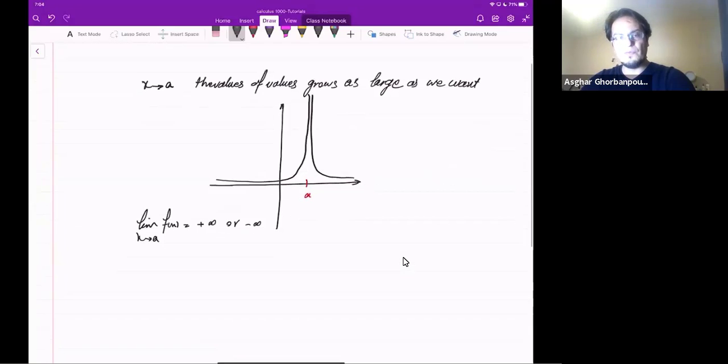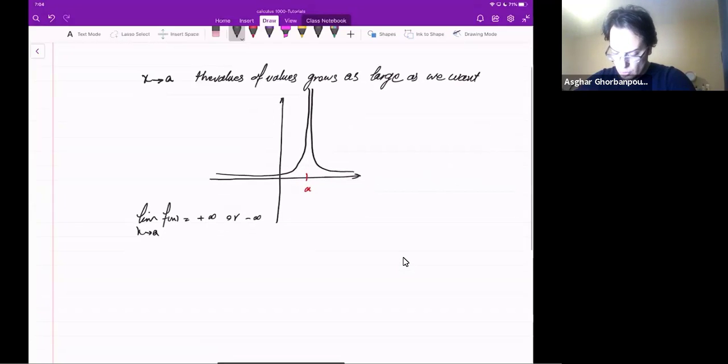What is important for us, the main source of generating infinity limit, is when you have two functions and you're trying to find the limit of the quotient of two functions.